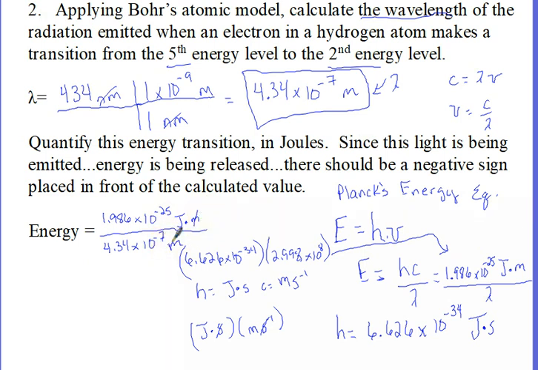And now you have a top and bottom meter unit that will cancel out. And then when you divide, you divide your constant values up at the top by your 4.34 times 10 to the minus 7.